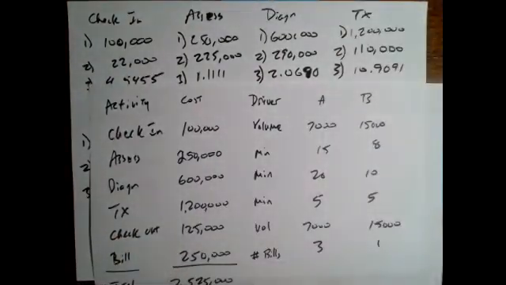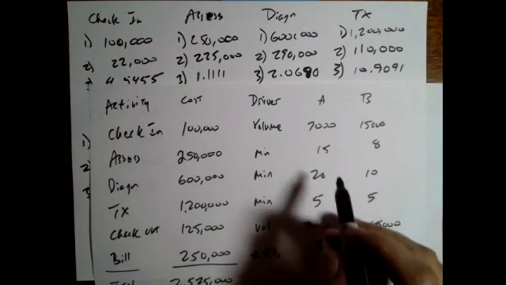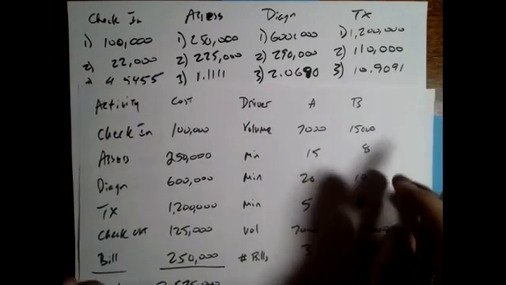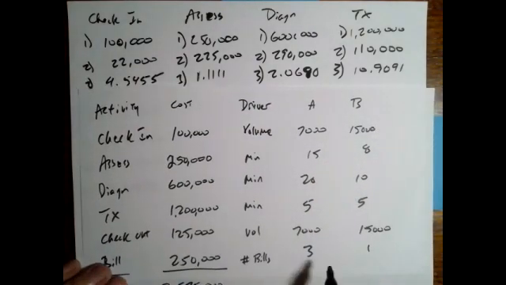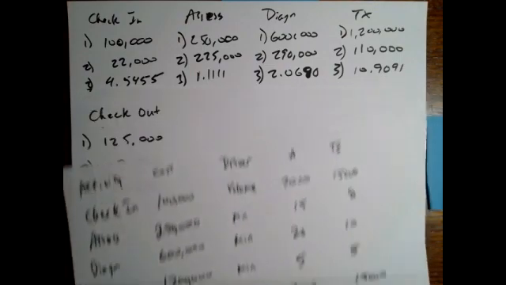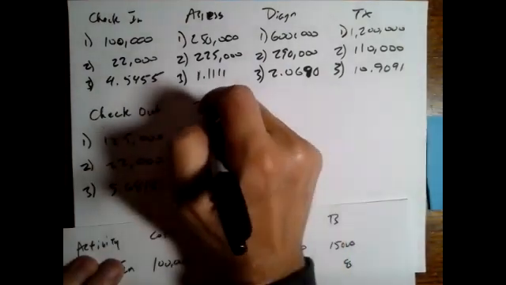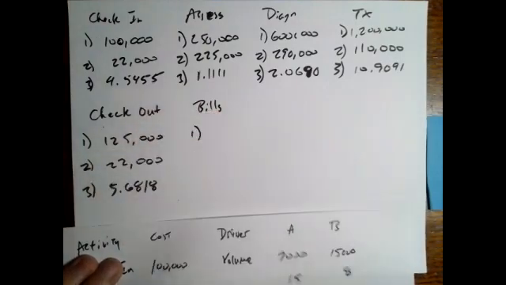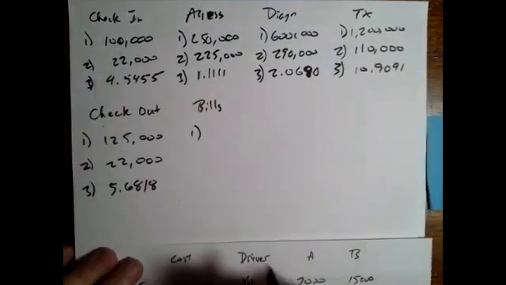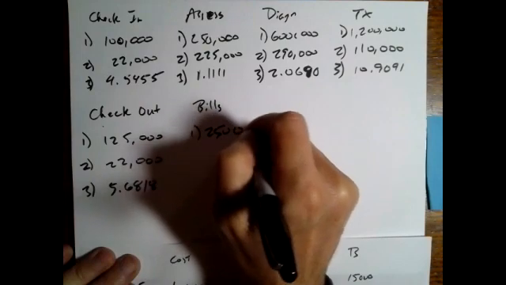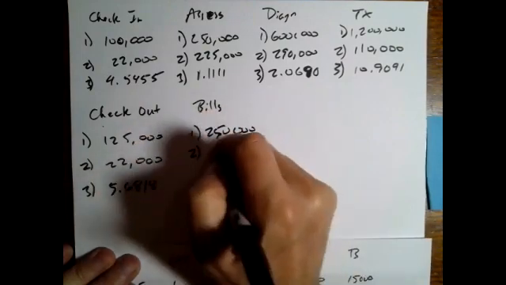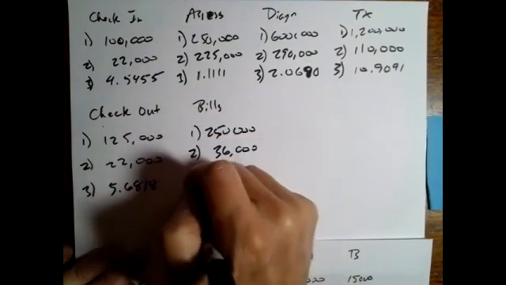Billing is going to be based on the number of bills per visit. So that's 3 bills per visit for A and 1 bill per visit for B. That means we'll have 3 times 7,000 or 21,000 bills for A and 15,000 for B. So 21 plus 15 is 36,000 bills. The total cost for billing is 250,000.